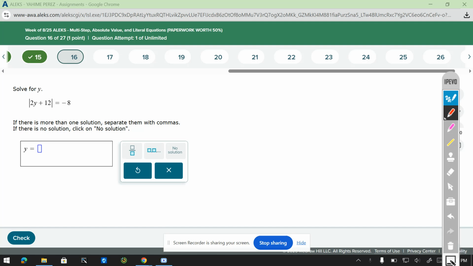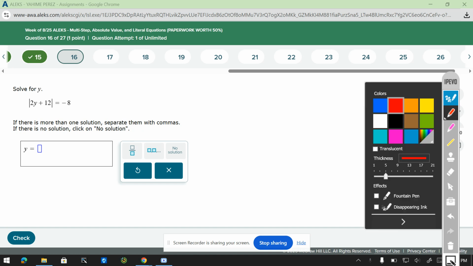Before we even start, I know we went over this in class, but just to reiterate, absolute value is hopefully the distance from 0 or the distance between numbers.